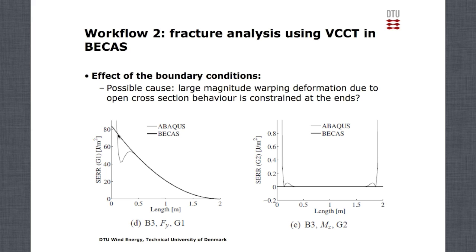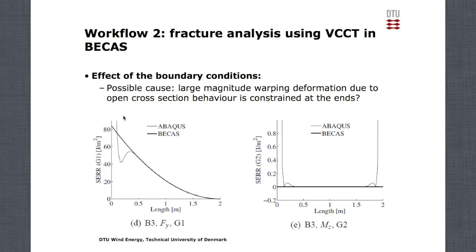So this is the BECAS case, the bold line here. There's a variation along the length because there's essentially a variation of the bending moment along the length of the beam, which results in a variation of the strain energy release rate.